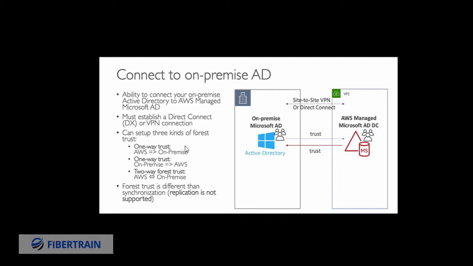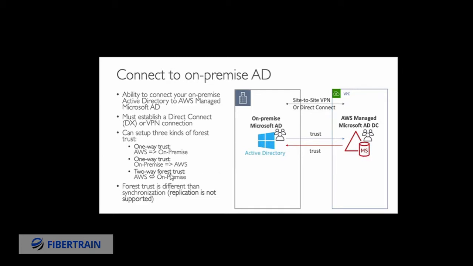We have one-way trust, which is where AWS is configured to trust on-premises. And then we also have another one-way trust where the on-premise is configured to trust AWS. In that case, any system in the on-premise Active Directory is allowed to access any application running on the AWS Managed Active Directory.